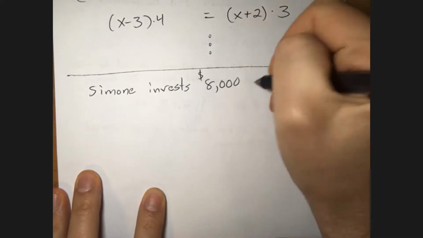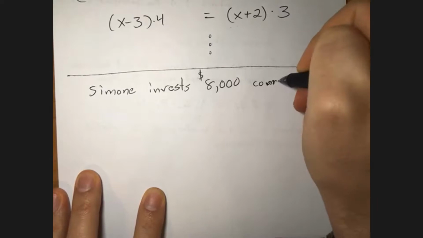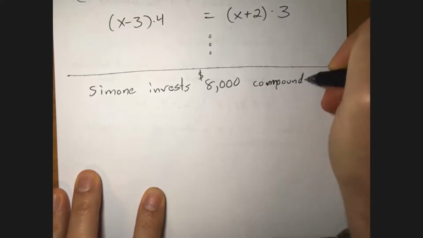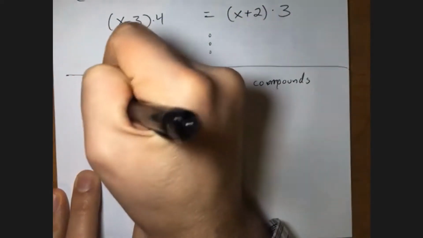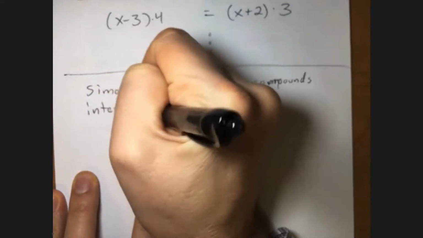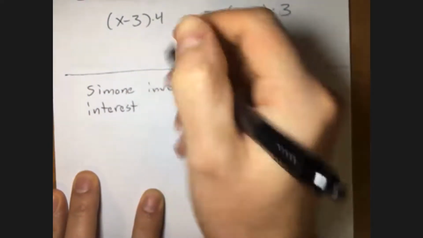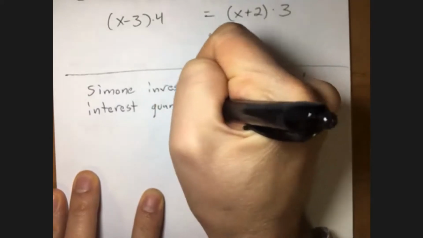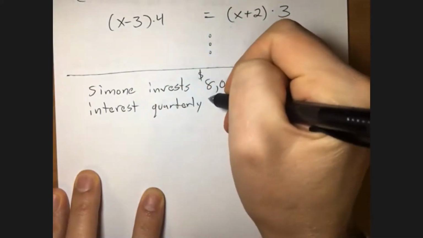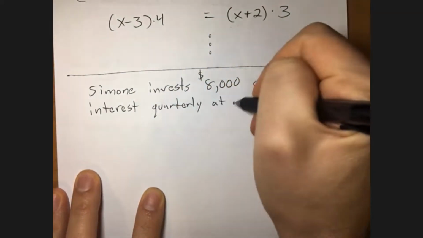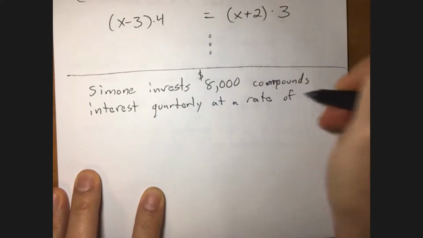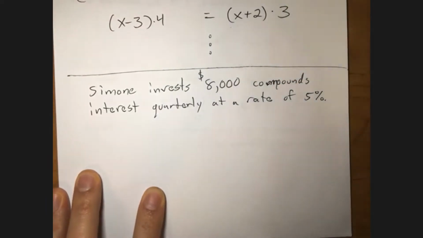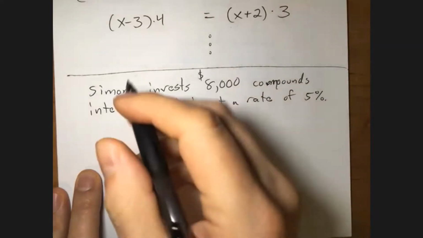That's what it says. I was doing continuously compounded interest because it's a simpler formula, but this is what it says. Compounds interest quarterly at a rate of 5%. How long will it take for his money to double?